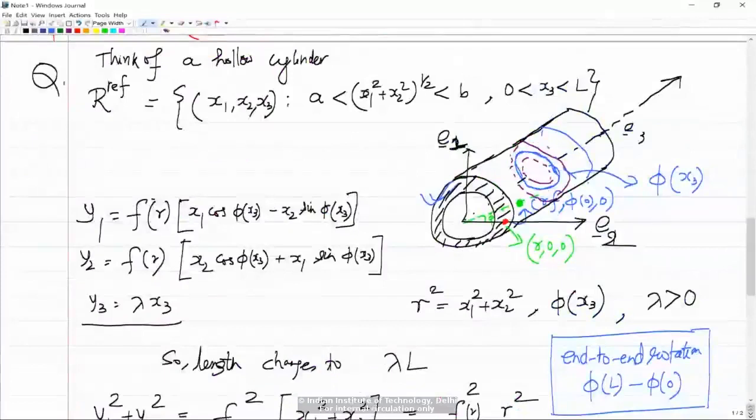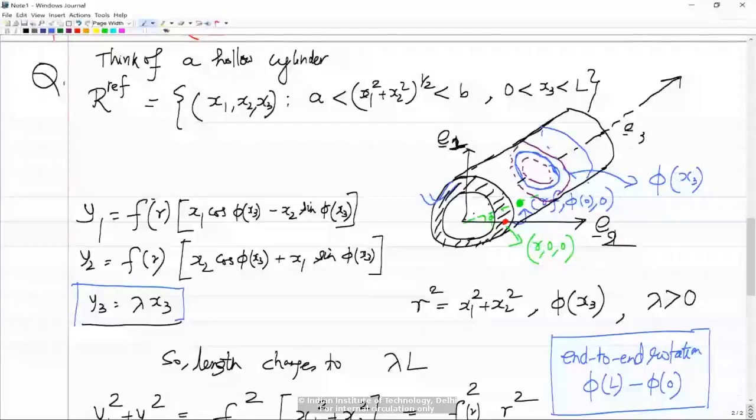The extension is a bit easier because you see here that y3 is equal to lambda x3. If you start visualizing what sort of deformation this is, you can see that the length has changed, so there's some extension happening. Then to see that it is twist, that's not trivial.